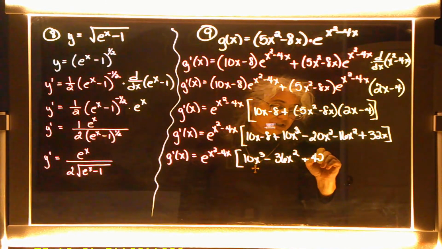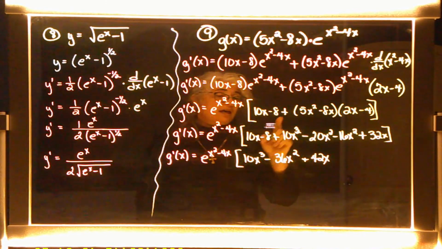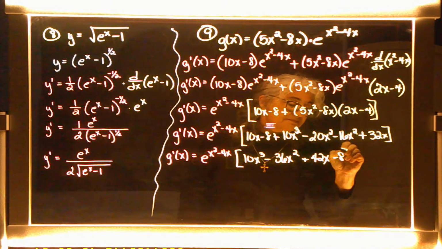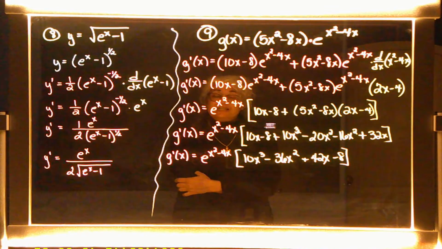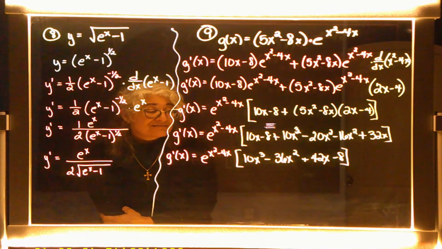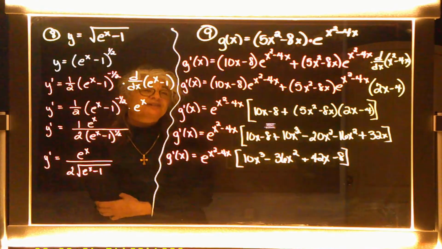Good, positive 42x. And then that minus 8. Anything else we can do? Not much. I'm not going to factor the brackets, because I don't know what it's going to do for me. So do you think you're done? Yes, you are. Good job.